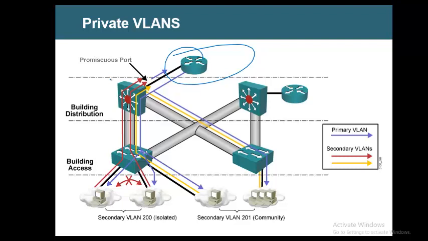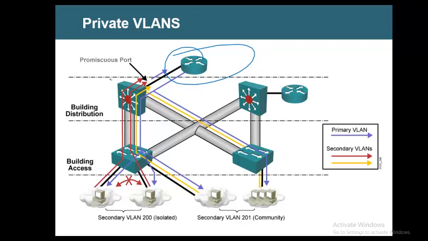It's a nice thing to configure and see how it works. But unfortunately, we don't use it in production. The reason is, in production you don't have only Cisco, you've got multi-vendor switches. That's why we don't use VTP. That's why we don't use private VLAN. Both are Cisco proprietary.